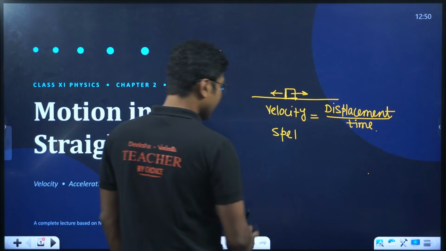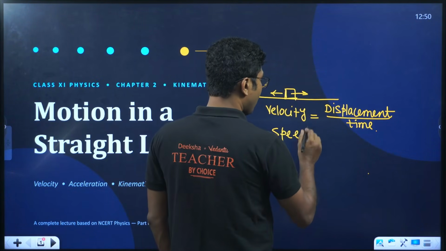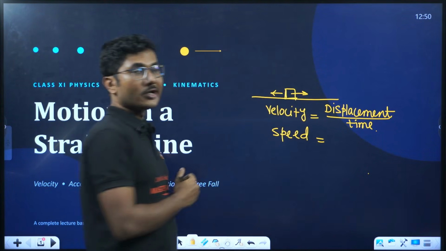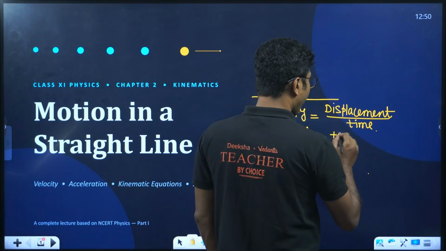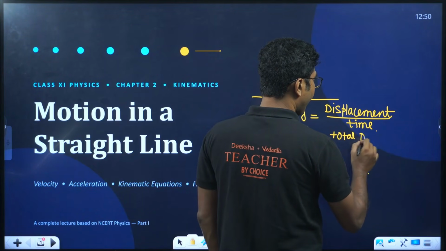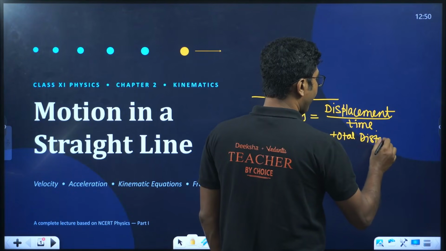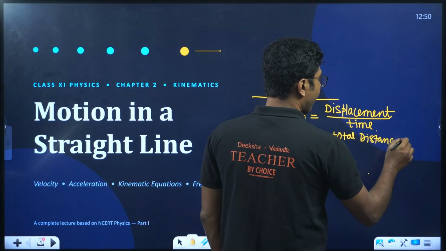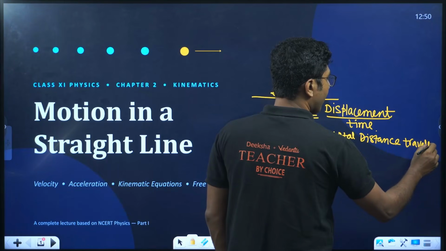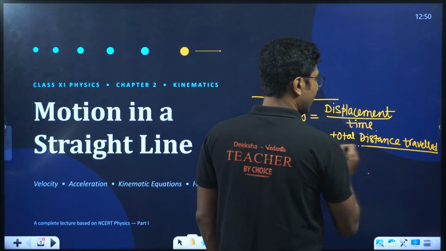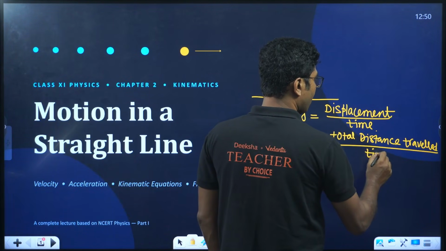Speed is basically same as velocity, but it's a scalar quantity and it is total distance traveled by time, okay.